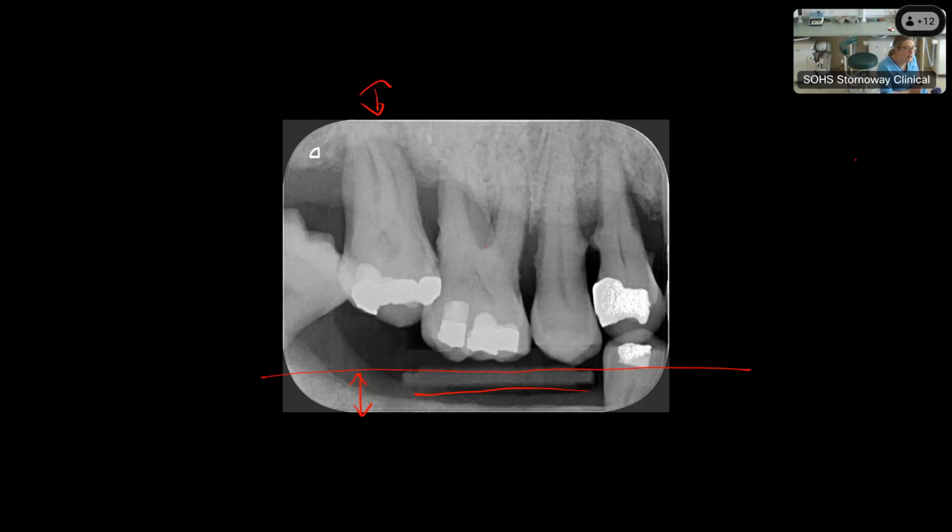So you do have to know what the original request was before you can QA it. But I'd imagine the main issue would have been looking at bone levels, in which case it's still acceptable because we can see the bone levels. So to some extent it does depend on the reason for taking it in the first place.